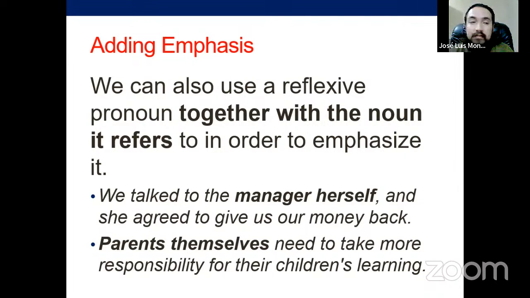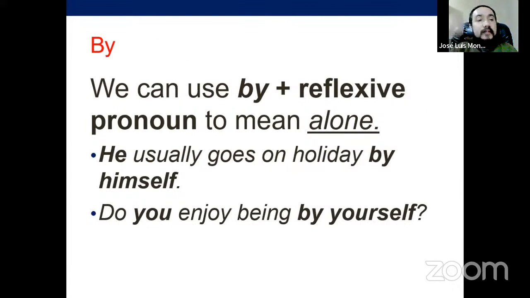So parents themselves, not anybody else, need to take more responsibility for their children's learning, right? So again, this is the third type, emphasis, but only on the noun, on one specific noun, not on the entire action, not on a pronoun, on a noun, right? The third type. And this is the last one.